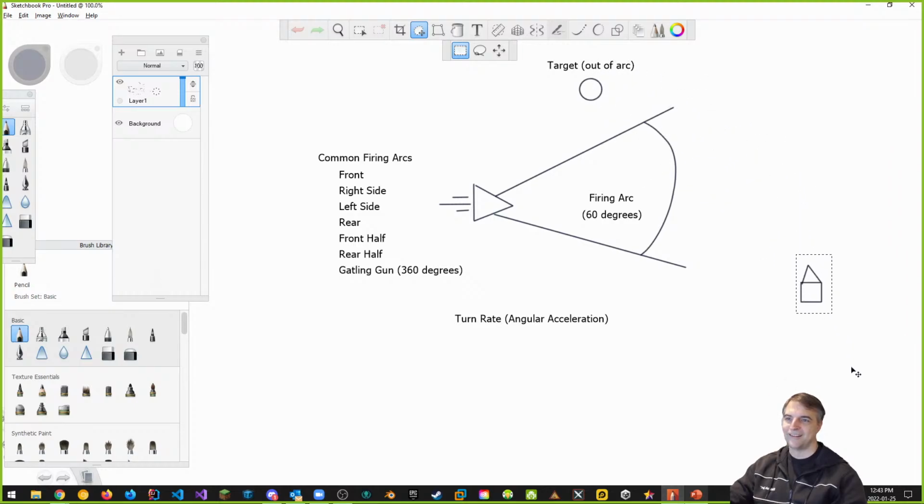But if I'm looking where I'm going, I'm going to move up first, change the direction a little bit, move in that direction, change the direction a little more, and keep doing that, getting closer and closer to the target based on when I look at the target and whatever my turn rate is.